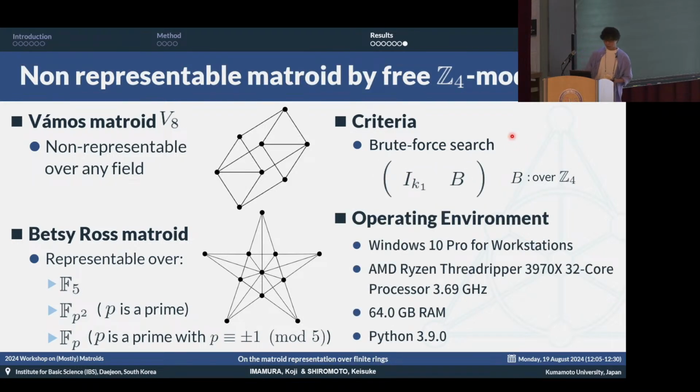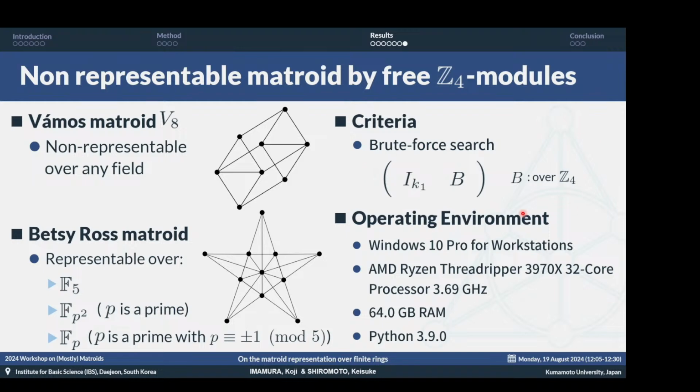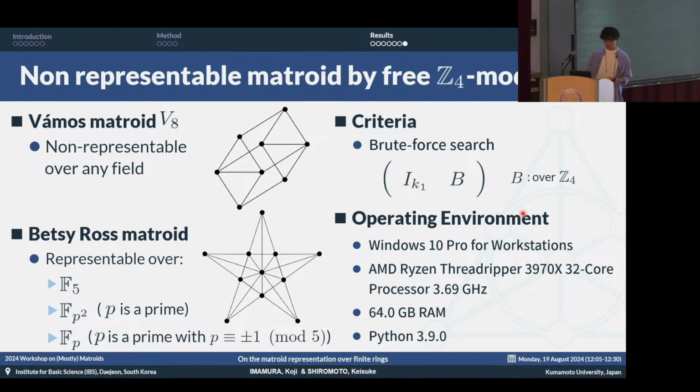So we conducted a brute force search for the matrices over Z4 of this form. According to our search, the Vamos matroid and the Betsiros matroid cannot be represented over Z4. It might be noteworthy that the Betsiros matroid can be represented over F4, the field of order 4. So it implies that F4 representability does not necessarily imply Z4 representability.